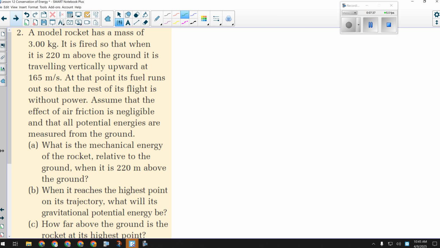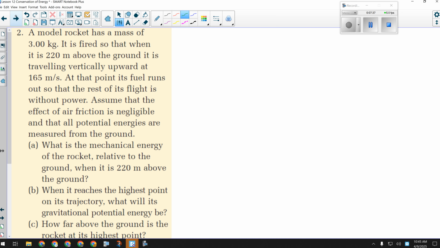Now, for part B, when it reaches the highest point, what will its gravitational potential energy be? Does this require any calculation? This is another example of a question that could be a multiple choice question. At its highest point, how fast is it going? 0.